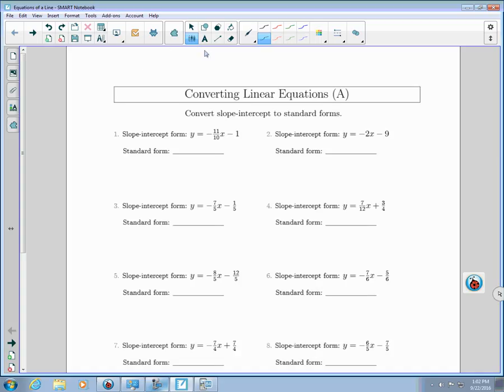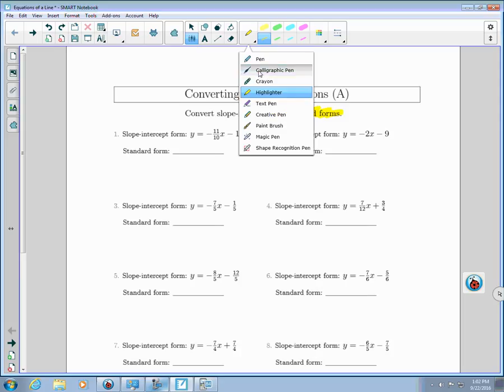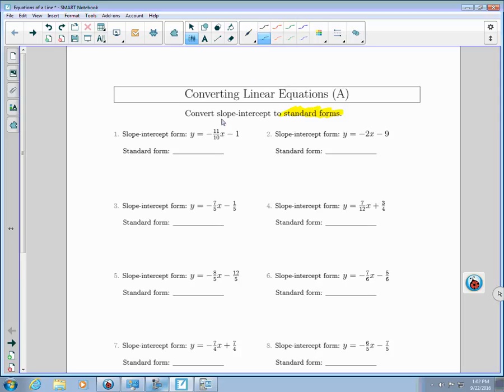The first thing that you need to remember, and this was from the video, is what is the standard form? So what was the standard form? Dora? Y equals C? Oh, okay.